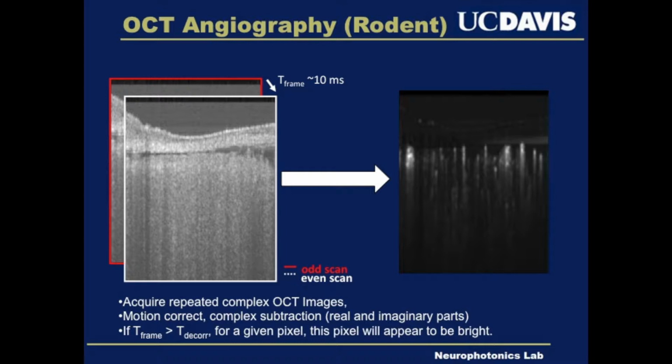This helps us visualize blood flow because the static scattering, which is just the static tissue, isn't going to change between the two images. But the blood flow, the orientation and position of these different red blood cells is going to change with time. So the scattering pattern that you acquire inside the vessels is going to be different, and you're not going to subtract that out. So that's why you get this nice contrast of the blood flow.